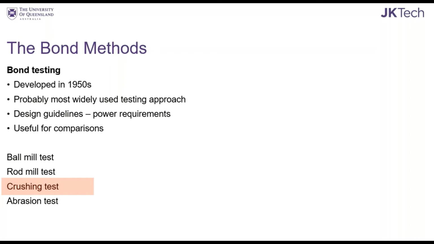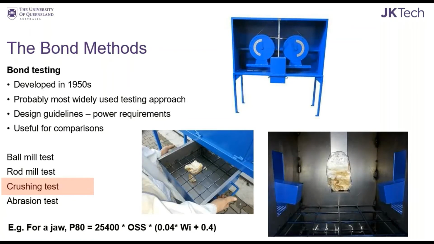So with Bond's method, basically you end up with a crushing work index, WI, and you can use this to determine the required open side setting of your jaw or gyratory crusher, or the closed side setting as well for cone crushers, for a given product size. As you can see there, just a few pictures of what it is.